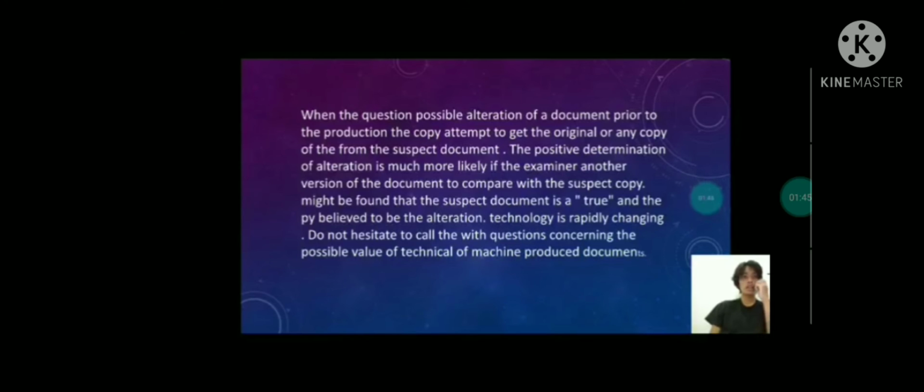Alteration technology is rapidly changing. Do not hesitate to call the laboratory with questions concerning the possible value of technical examination of machine-produced documents. If the document is questioned because of possible alteration prior to production, the said copy will be examined rather than the suspect copy. If this situation happens, don't hesitate to call the authority regarding your concerns.